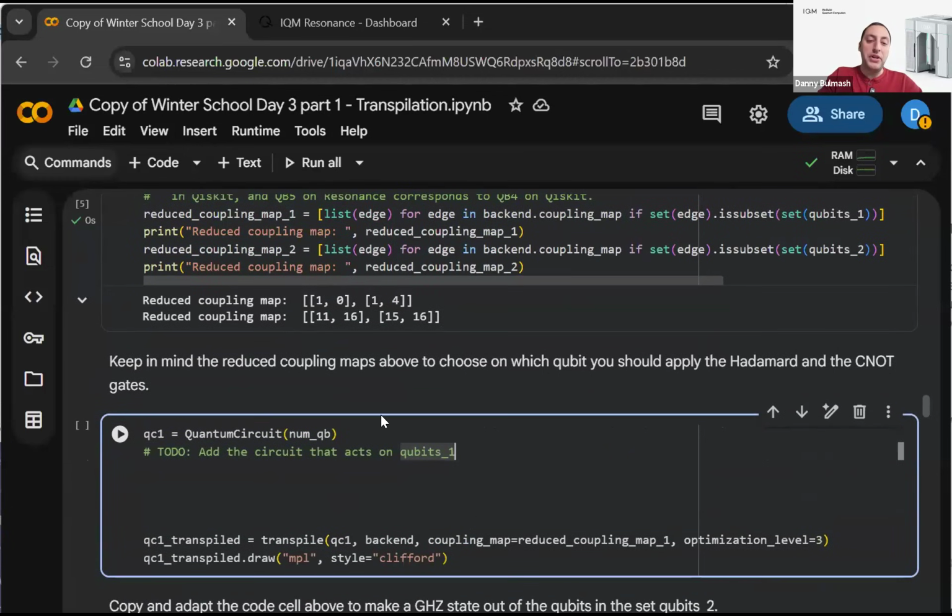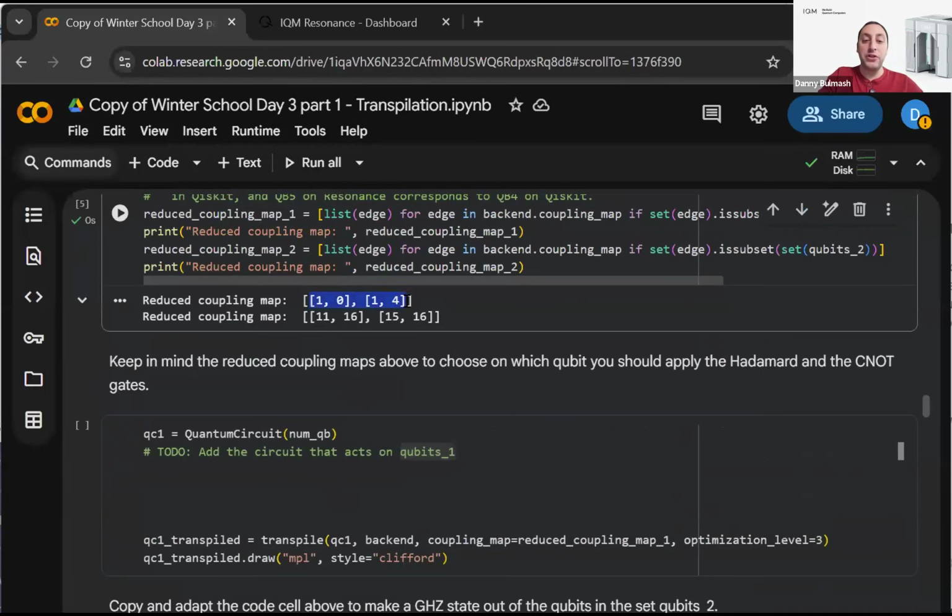Now we're going to make the quantum circuit that creates the GHZ state on the first 3 qubits that we chose.